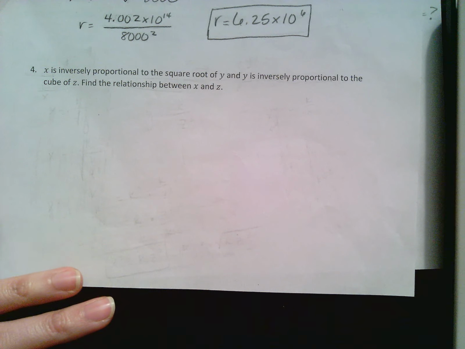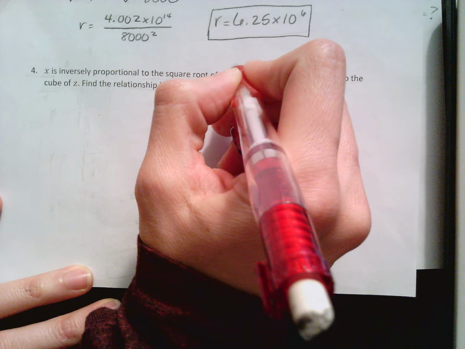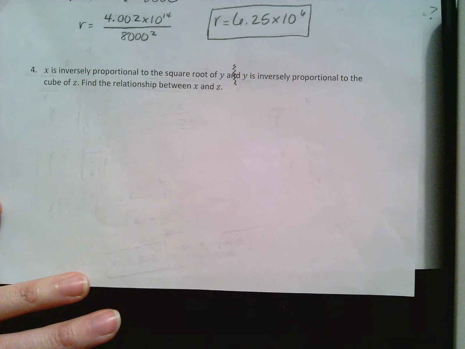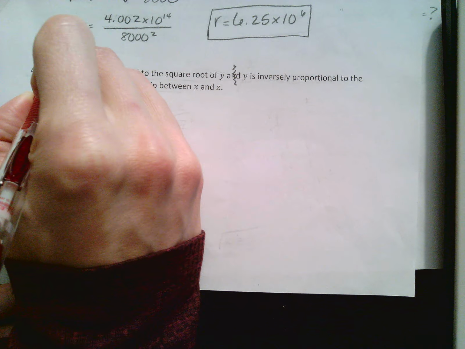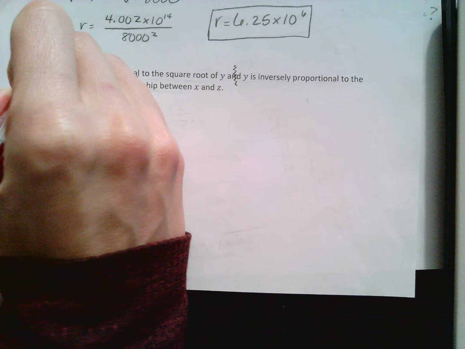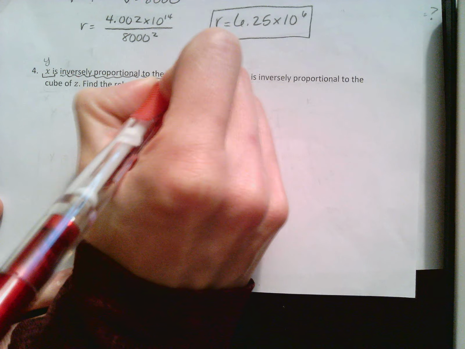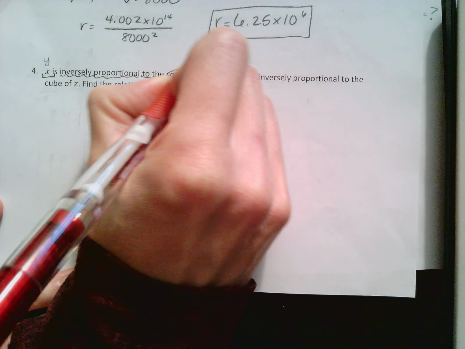X is inversely proportional to the square root of y, and y is inversely proportional to the cube of z. So these are two separate equations. This splits that sentence up into two different things that are going on. So we've got inversely proportional here, and it splits that section into two pieces. This tends to be our y place, and then this tends to be a square root.